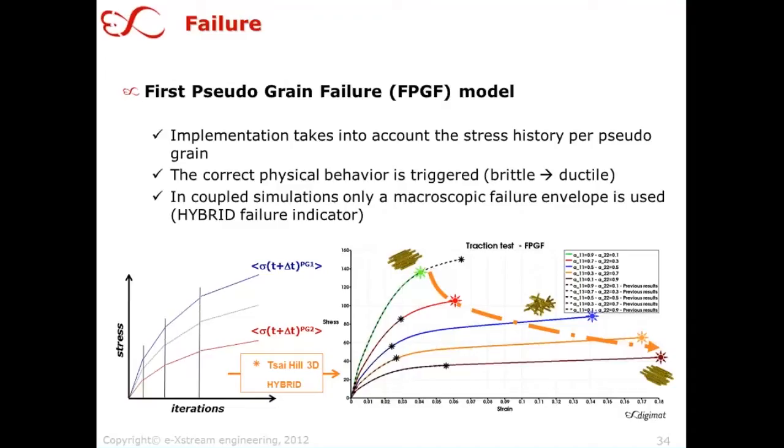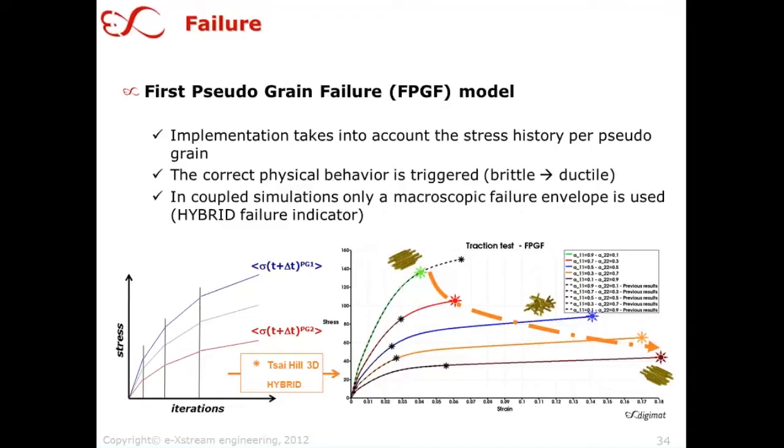If we go along fibers, we have high stiffness with brittle type of material behavior, and if we then turn perpendicular to the fibers, we have material behavior which is more governed by low stiffness and a ductile type of material behavior. This we can nicely show, but as a matter of fact, we can only compute that on the material point because it involves so many computations per pseudograin that we have to do.